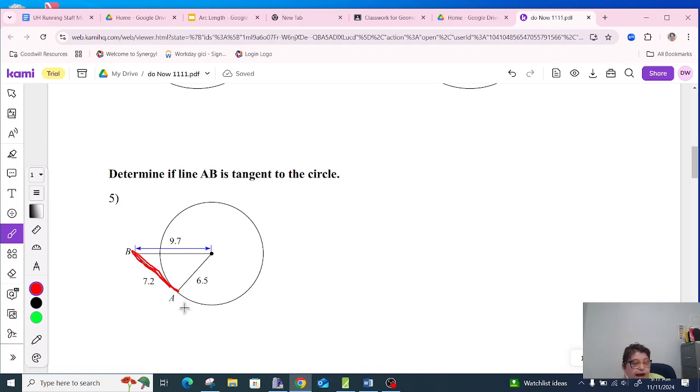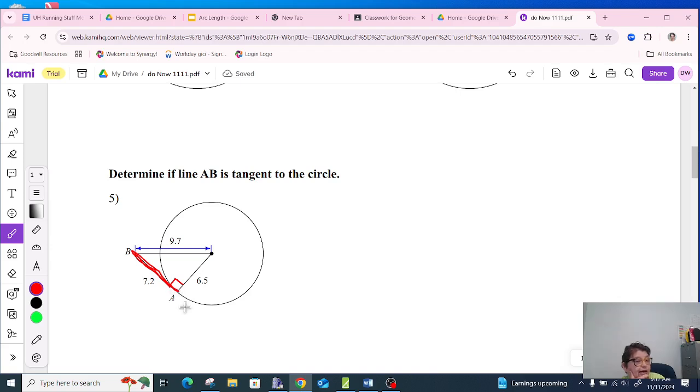What would happen if this is tangent? This would be a right angle. If A is a point of tangency, and this is coming from the radius, this would have to be 90 degrees.